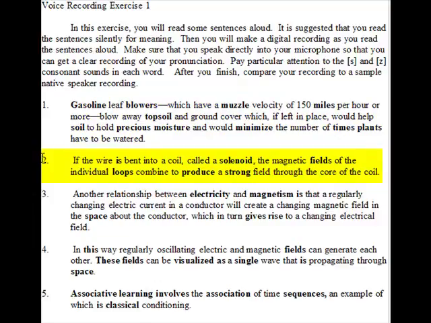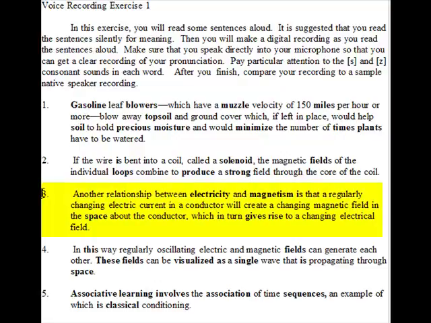If the wire is bent into a coil called a solenoid, the magnetic fields of the individual loops combine to produce a strong field through the core of the coil.